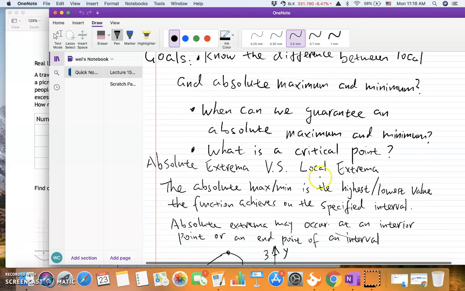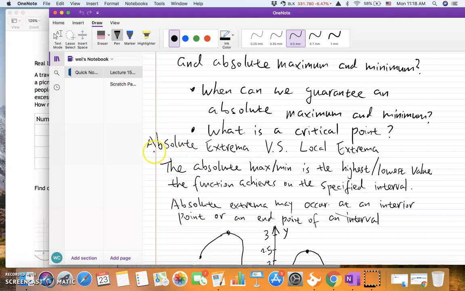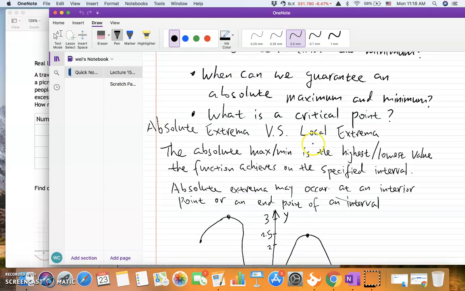So first, I would like to show you the difference between the absolute extrema and the local extrema. Here, extrema refers to both maximum and minimum. In some textbooks, we call the local extrema relative extrema. So for example, on a website, if you see the word relative maximum, that means a local maximum.